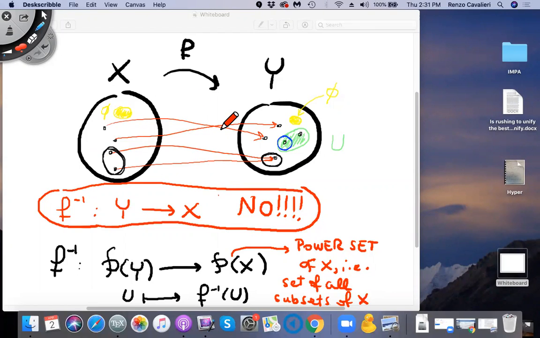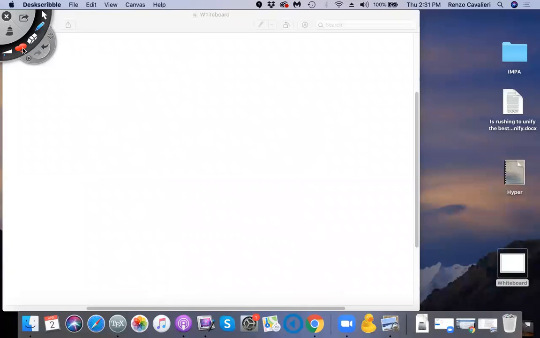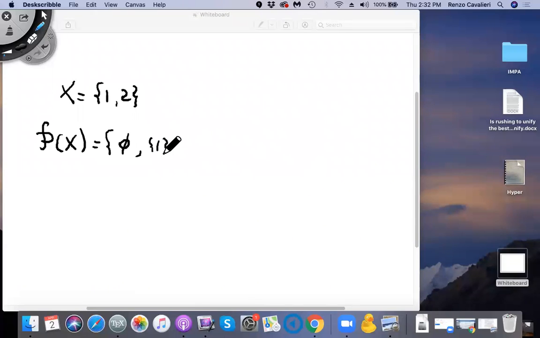So let me do a quick example. I need to wipe this board. So if X is the set 1, 2, then P of X has 4 elements: the empty set, the single element subset 1, the single element subset 2, and the set 1, 2.